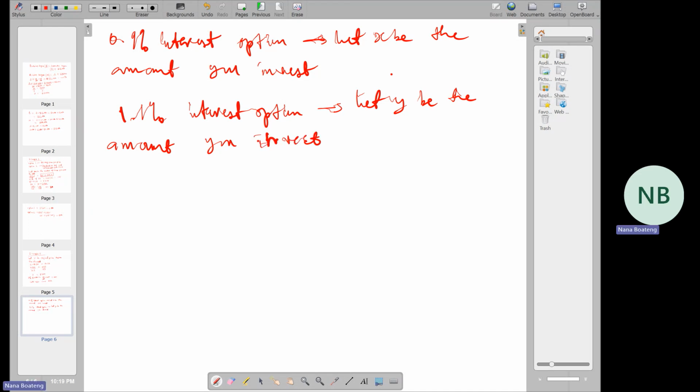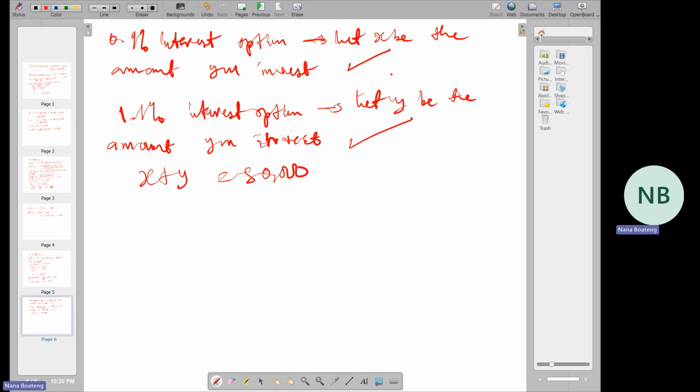The interest you gain in option 1 is 0.9%, and in option 2, 1.1%. You have 50,000 in total, so the amount you invest in option 1 and the amount you invest in option 2 should add up to 50,000. So X plus Y is equal to 50,000.